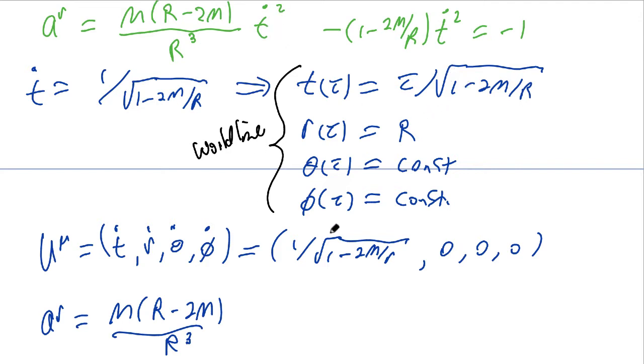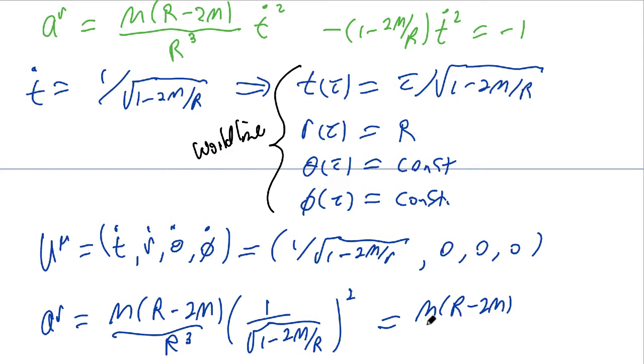T dot is 1 over the square root of 1 minus 2m over R, and we square that. So we have m (R minus 2m) over R cubed times 1 over (1 minus 2m over R). Now if I take one of these factors of R in the denominator and multiply it by this factor in the denominator, you'll see it cancels the factor in parentheses here. So we're left with m over R squared.